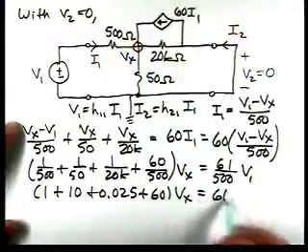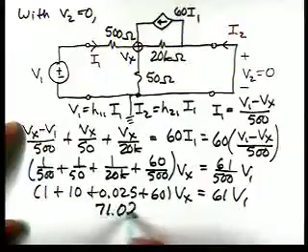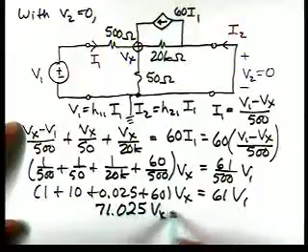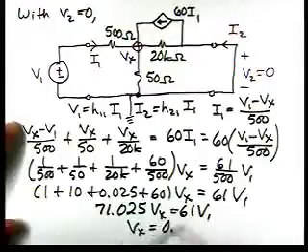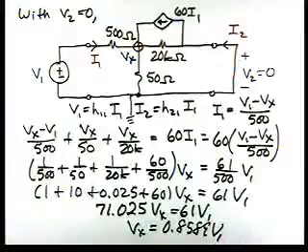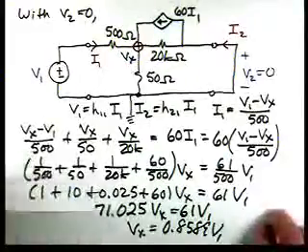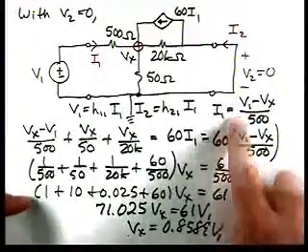Vx is 61 V1. So we have 71.025 Vx is equal to 61 V1, or that Vx is 0.8589 V1. So now we've got Vx in terms of V1. So now let's go in and get V1 in terms of I1, which is where we're working toward.